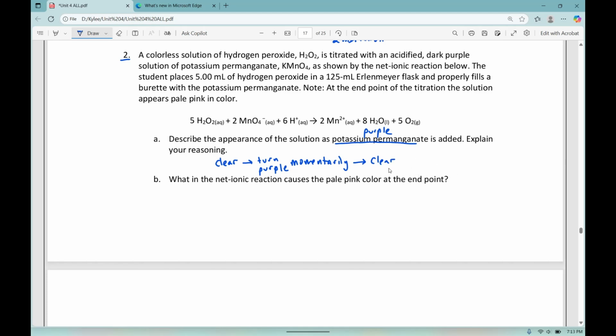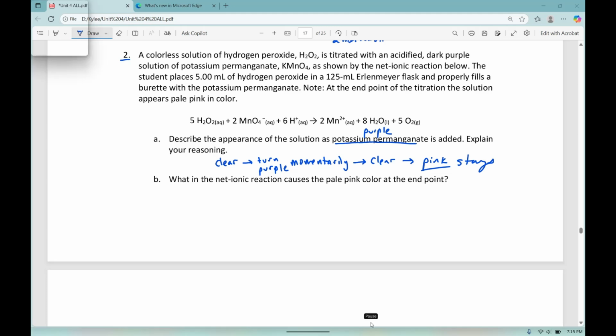Eventually, as I continue to add, it's going to turn a pale pink color and it's going to stay. And that's what we're looking for, is when the pink stays, that's going to be the end of our titration.